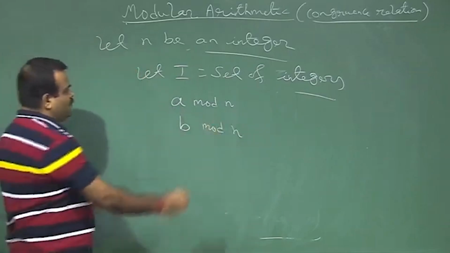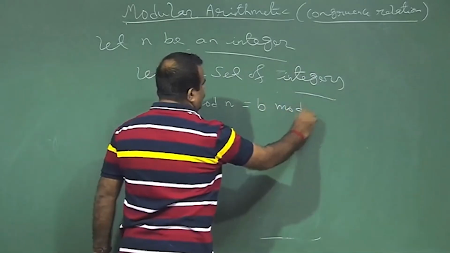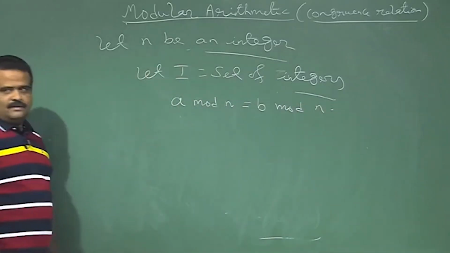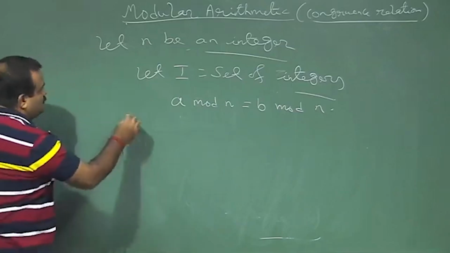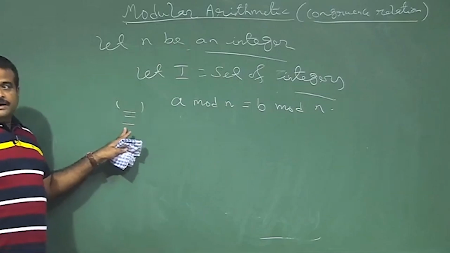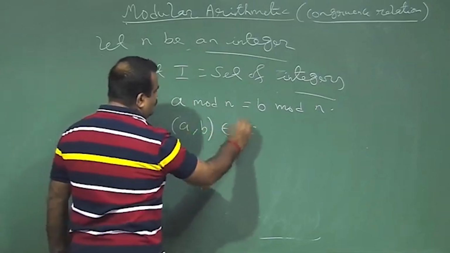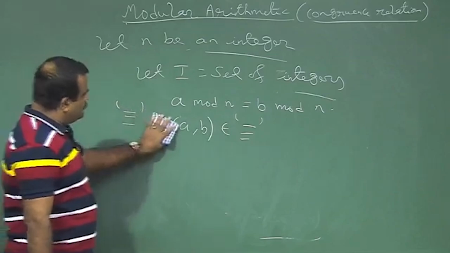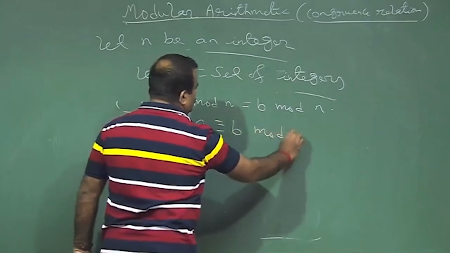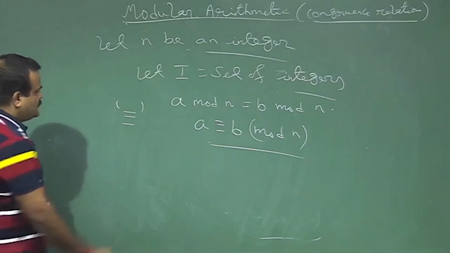So if these two are the same, if a mod n is equal to b mod n, then we say that a, b are related. This is the relation we are defining, and this relation is the congruence relation. We say a is congruent to b mod n. So that means this is a relation basically.